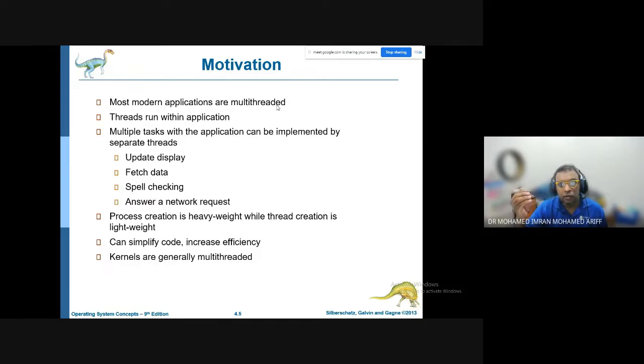Example, if you have your Microsoft Word running, you can open multiple documents at one point of time. So a thread runs within the application. Microsoft Word is an application, so the thread is running under the application, or within the process itself. So if you close one thread, your application or your process still continues to execute.